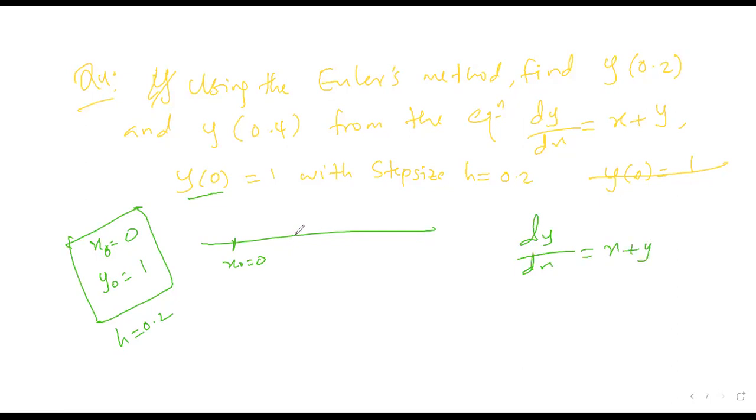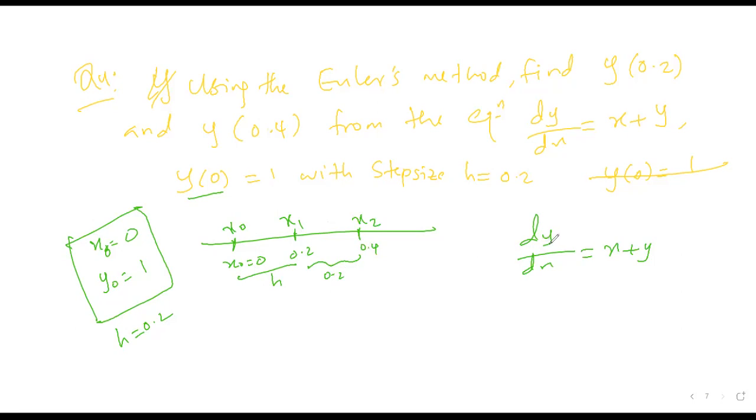The next step they are asking is 0.2. If I add h equal to 0.2 to x naught, they are asking for x1. If you add another 0.2, you'll have 0.4. They are asking x2.